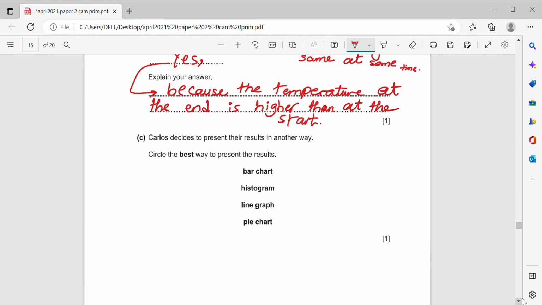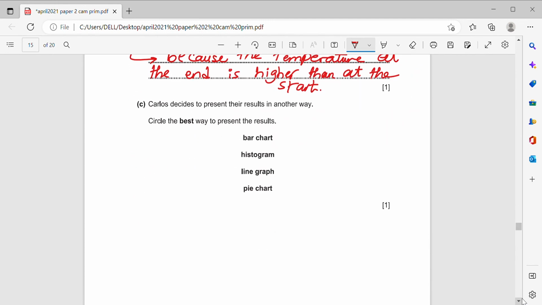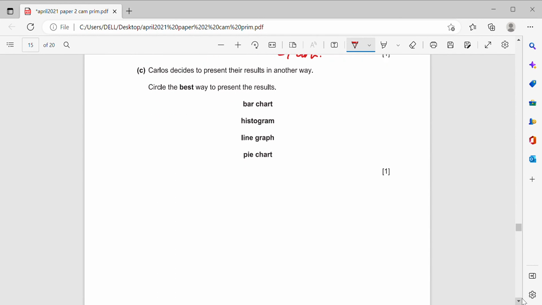Question C. Carlos decides to present the results in another way. Circle the best way to present the results. We have bar chart, histogram, line graph, pie chart.